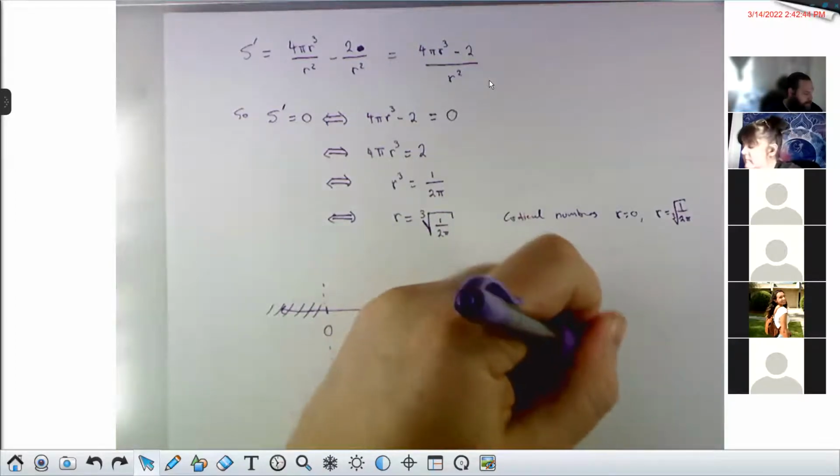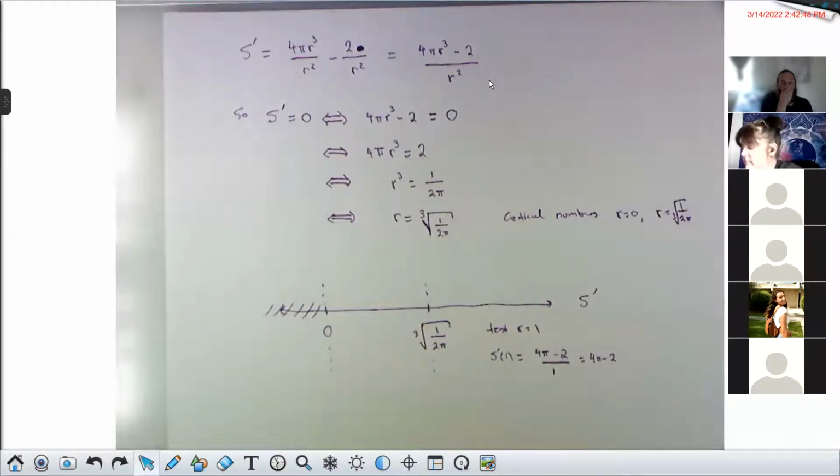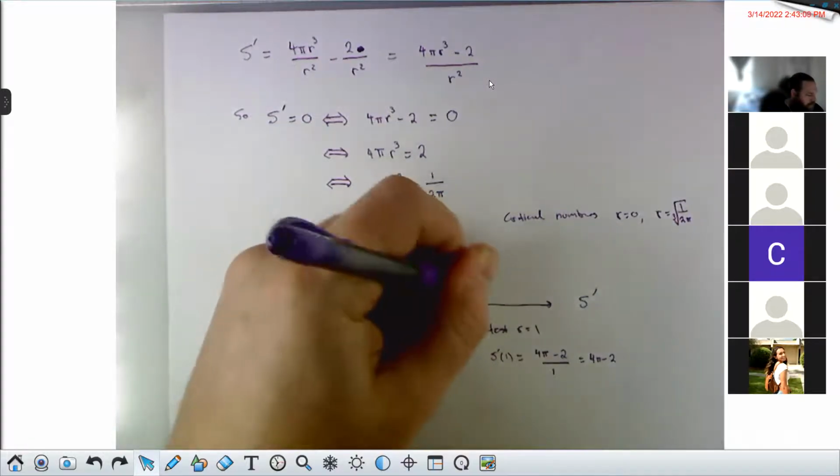So that's 4 pi minus 2. Now, is that positive or negative? Positive. Definitely positive, right? 4 pi is like in the neighborhood of 12. So this is for sure positive.